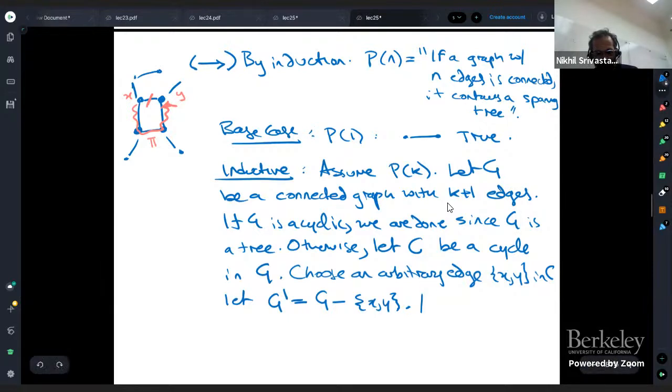Now let's say A, B is a pair of distinct vertices in G prime.